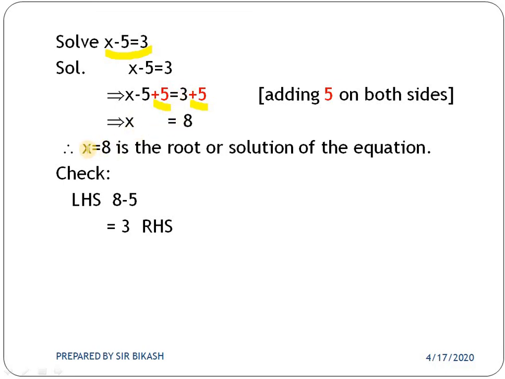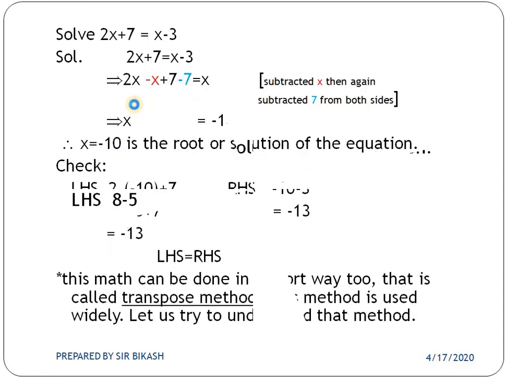So x equals 8 is the root or solution of the equation. You can check it the same way as in our last problem, putting the value of x as 8 in the left hand side. What will we get? 8 minus 5 is 3. On the right hand side, 3. So left hand side equals right hand side, so our answer is correct.